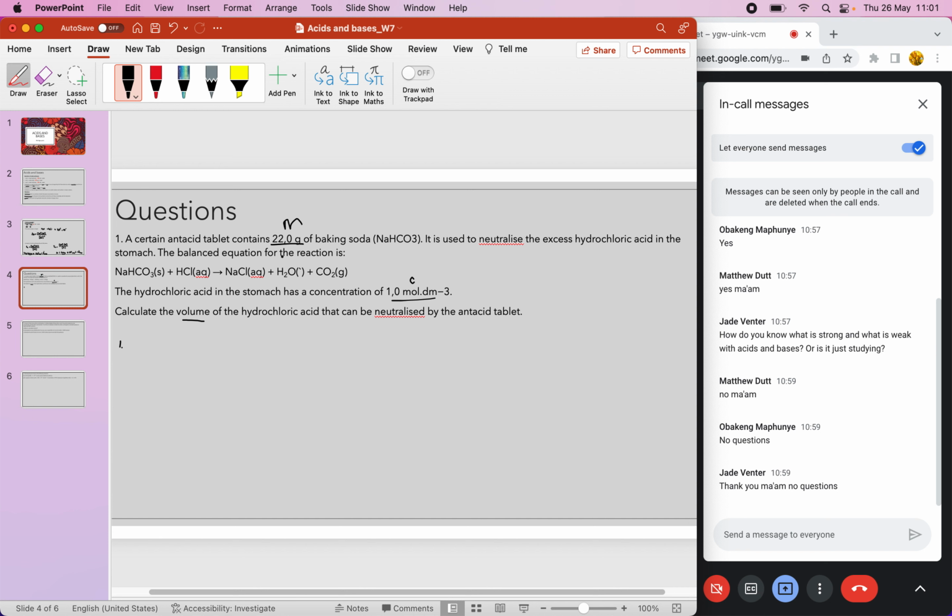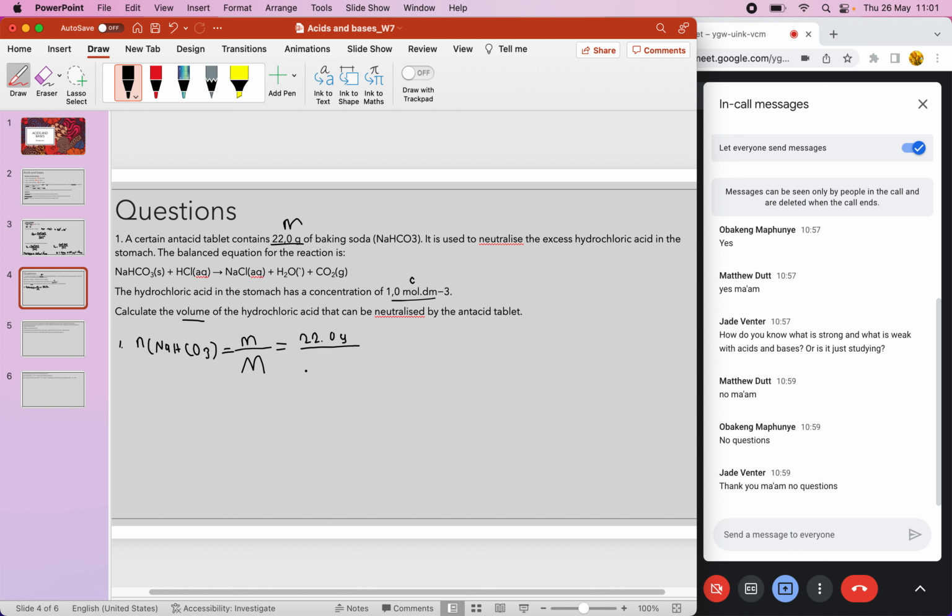We can calculate from the mass the number of moles of baking soda, NaHCO3, which equals the mass divided by the molar mass. The mass is given to be 22.0 grams, divided by the molar mass.